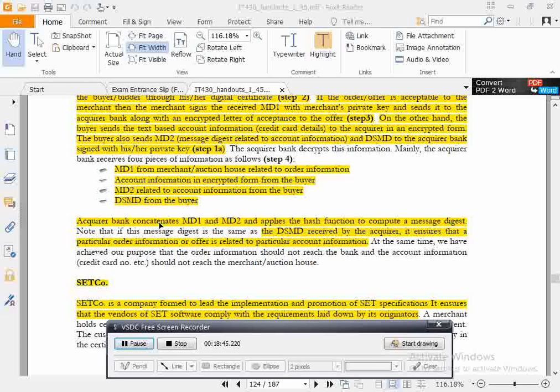The acquirer bank concatenates MD1 and MD2 and applies the hash function to compute the message digest. The DSMD received by the acquirer ensures that particular order information or offer is related to particular account information.